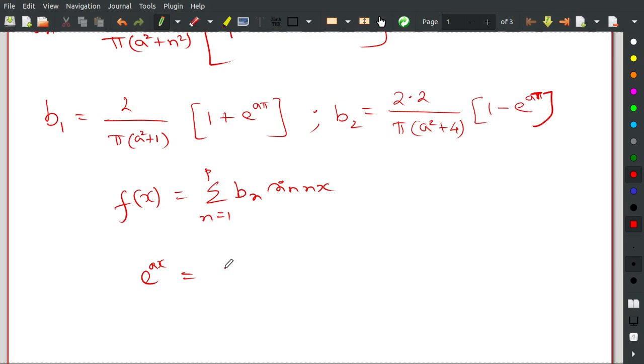Therefore we can take this 2 by pi outside as a common factor.